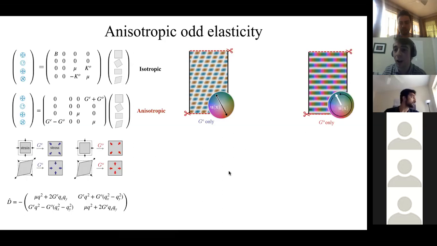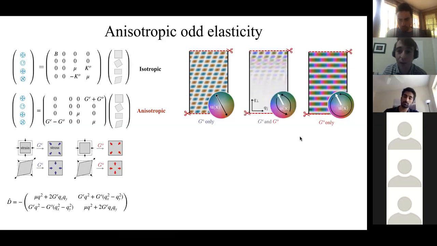Similarly, if I do GO only, one interesting thing is that you see that the displacement field begins to cycle. You can see that in the color scheme, but indeed I have no skin effect. This is still an extended mode. But when I have a mixture, I get both those cycles and a localization to the boundary.